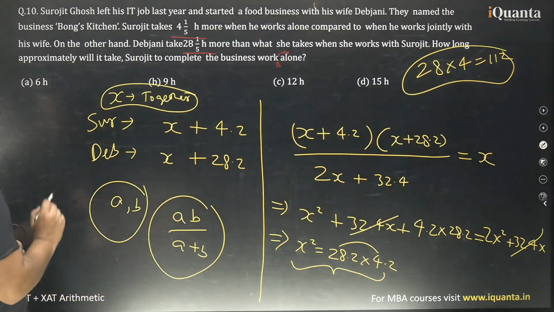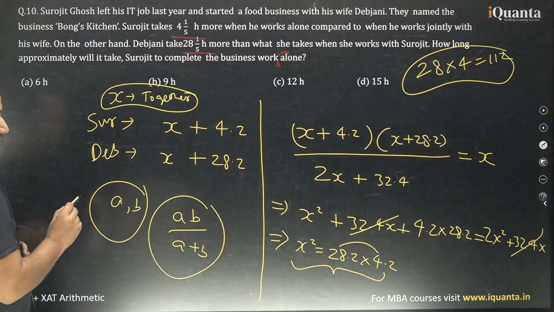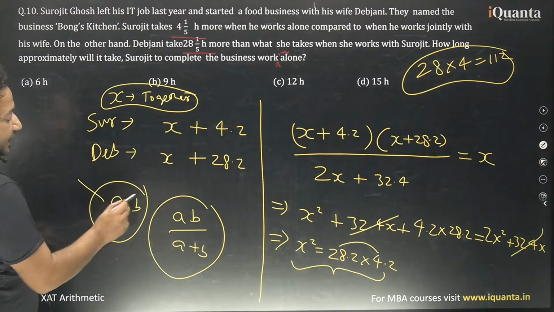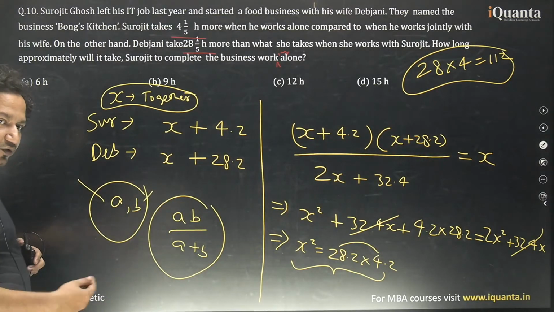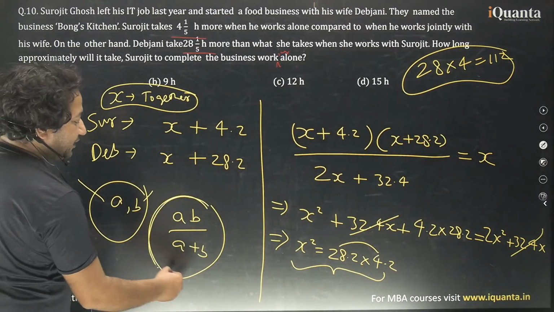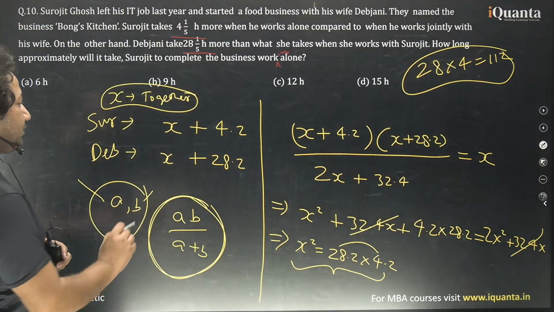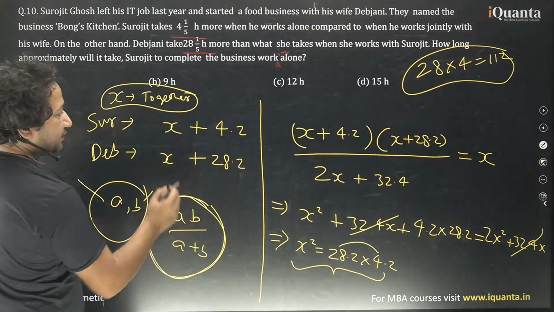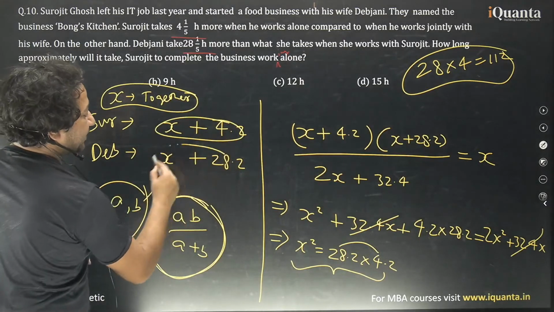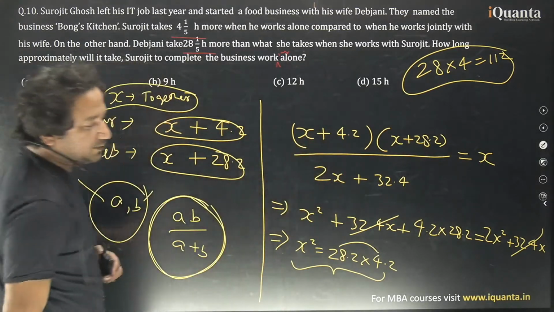Now I said if two guys complete a work individually in A and B units of time, overall they will take AB upon A plus B units of time, right? Everyone knows that. This is A, this is B. I just put in the values and this is what I got.